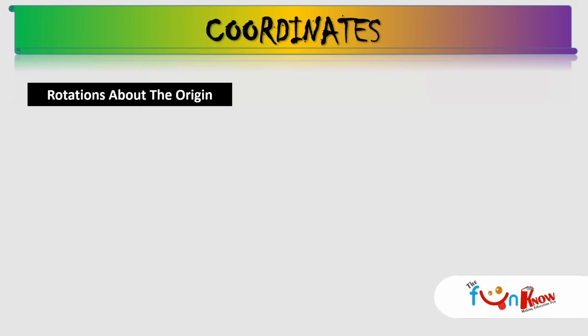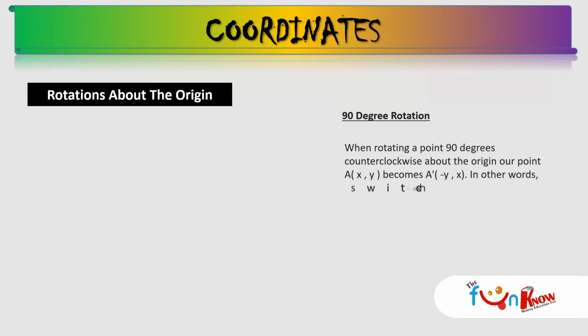So these three points you have to keep in mind whenever somebody tells you about rotation in coordinates. Now students, let us understand the rotation about the origin with 90 degrees of rotation. Keep in mind, when rotating a point 90 degrees counterclockwise, meaning opposite to clockwise direction, our original point (x, y) becomes (-y, x).